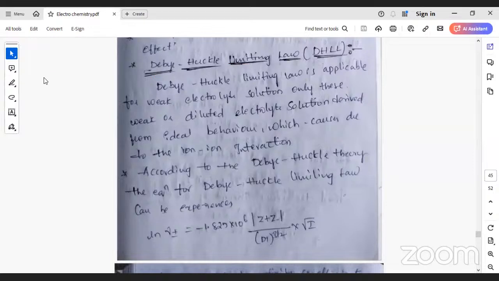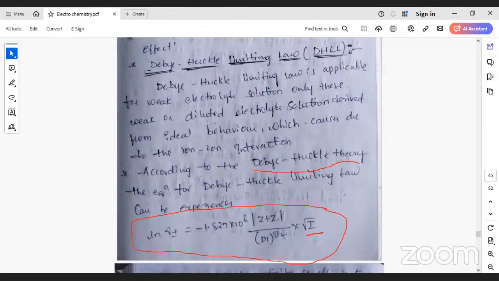According to the Debye-Huckel theory, the limiting law can be expressed in this form: ln gamma plus or minus equals minus 1.825 into 10 to the power of 6, modulus of z plus z minus, divided by (DT) power 3 by 2, into square root of I. The derivation of Debye-Huckel is not required, so we have to remember the Debye-Huckel limiting law directly.